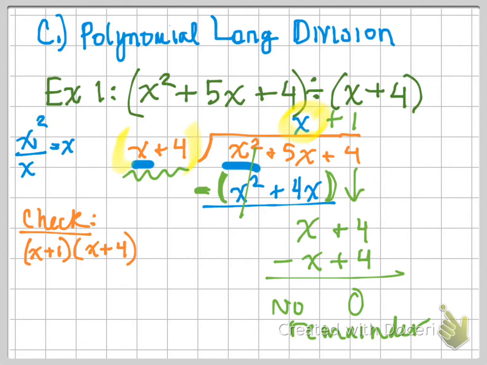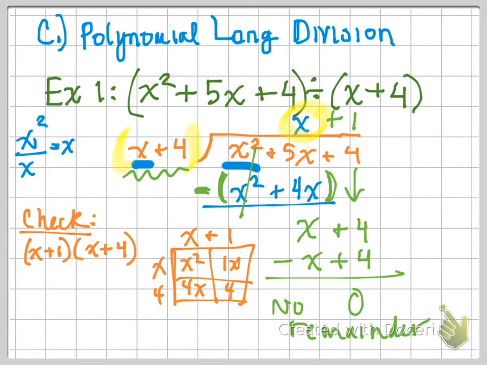So if we multiply this out, and you can decide if you like the box or if you like to FOIL or whatever your preferred method is, we should get x squared, 1x, 4x, and 4, which gives us x squared plus, what do you know, 5x plus 4. So we know that we did this correctly.